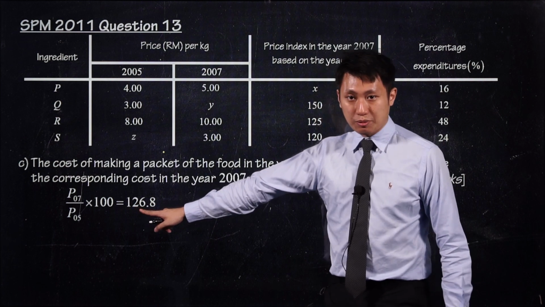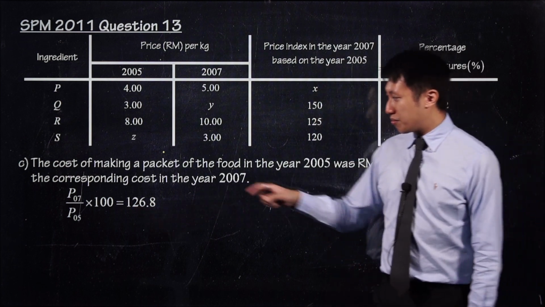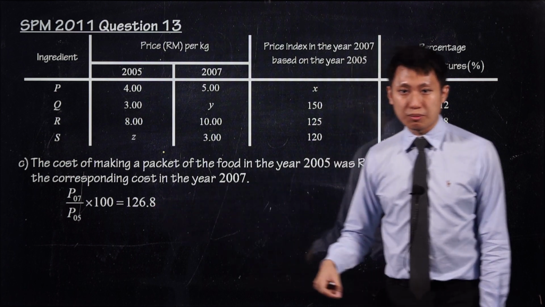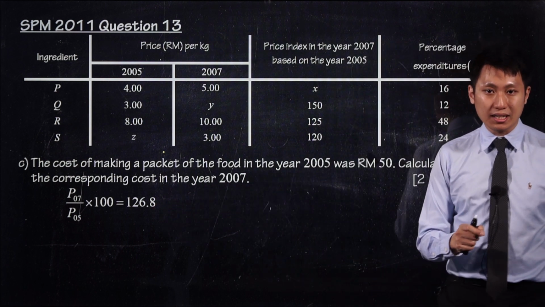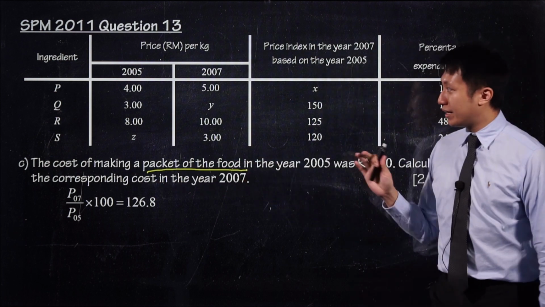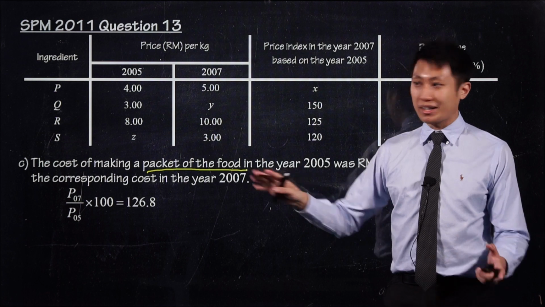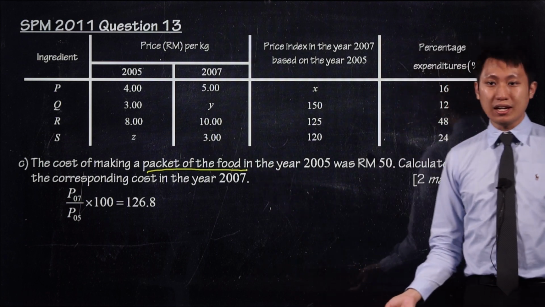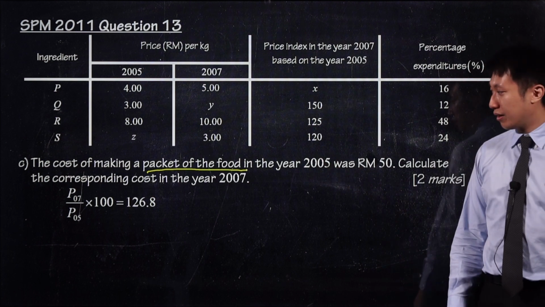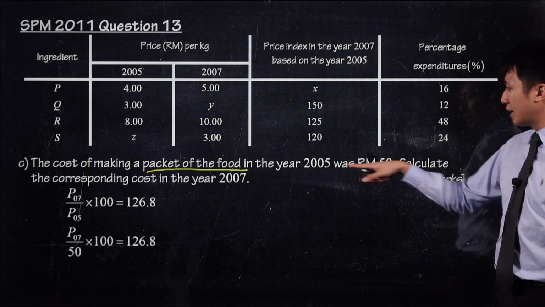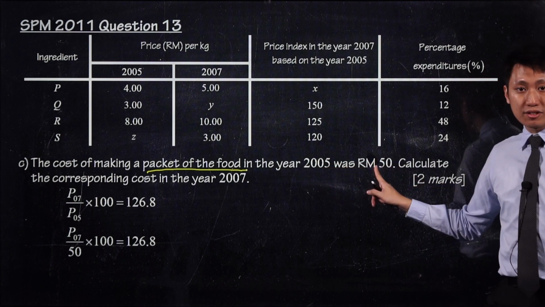So this is 126.8. Price 07 divided by price 05 times 100 is 126.8. You are using the composite index because here it tells you a packet of food. It doesn't tell you what ingredients are used. It's just a composite index. So now what do you know here? You know the price in 05 is 50.